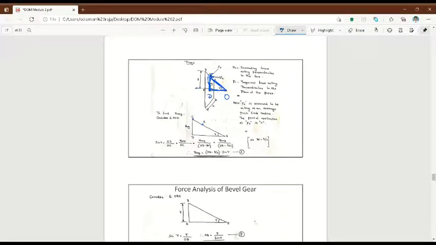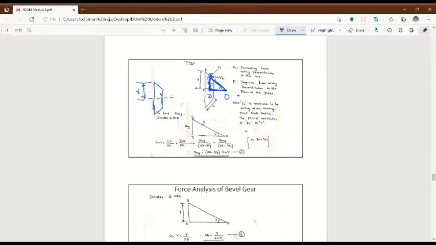So this is, see the bevel here. Suppose it is a bevel gear, and this is the center. So this distance is called R, radius of pinion.